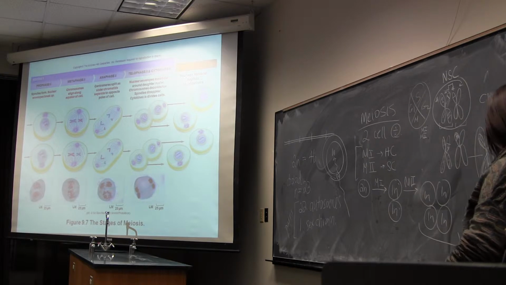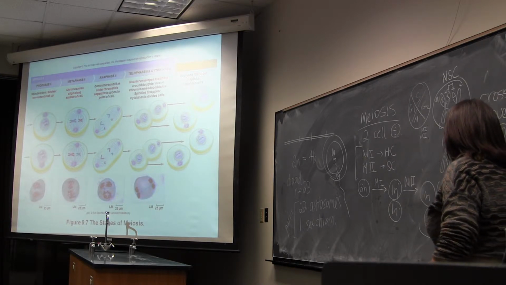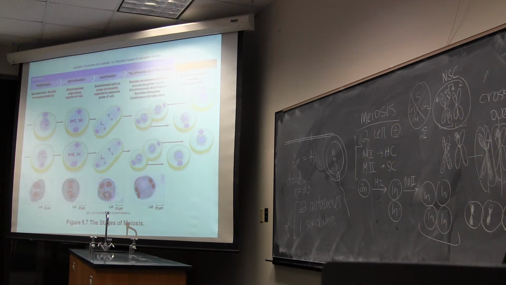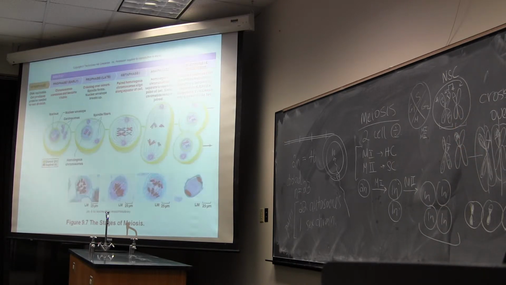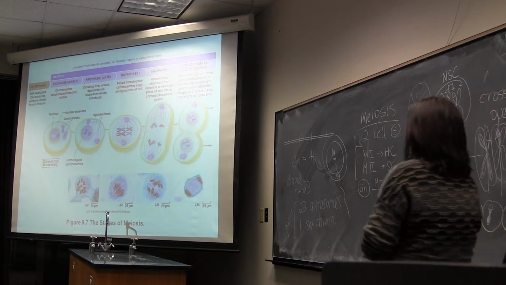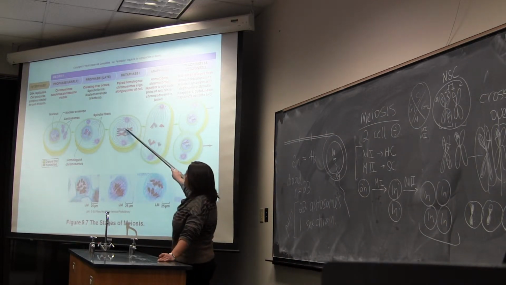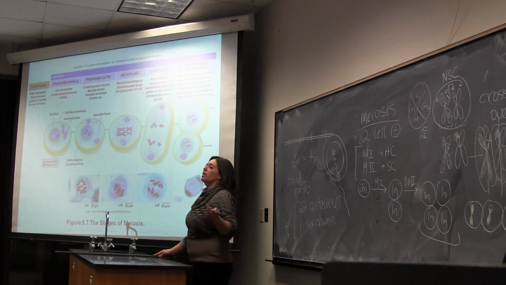And based on the way that the homologous chromosomes are aligned in metaphase 1, so going back to meiosis 1, you notice here that in this case we have dad's number 2 on top and mom's on bottom, whereas here we have mom's on top and dad's on bottom. So the way that these orient themselves is going to be totally random.